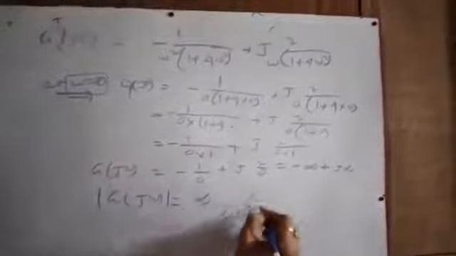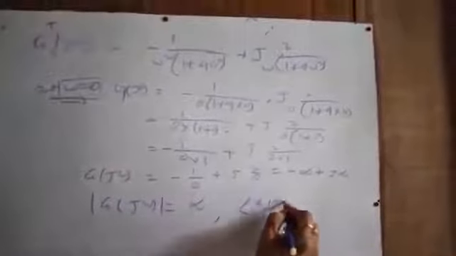Right. So what you get at omega equal to 0 is G(j omega) equal to minus infinity plus j infinity. The magnitude of G(j omega) will then be infinity, and the angle of G(j omega) equal to 90 degrees.